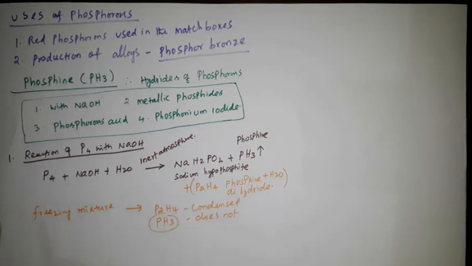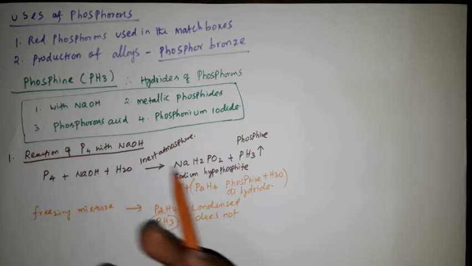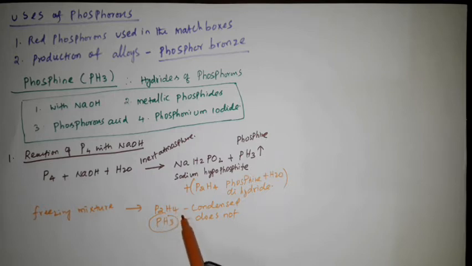The impurities are removed by passing this mixture through the freezing system. P2H4 is condensed and PH3 is not, so we get pure phosphine.